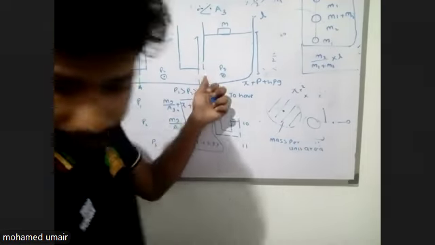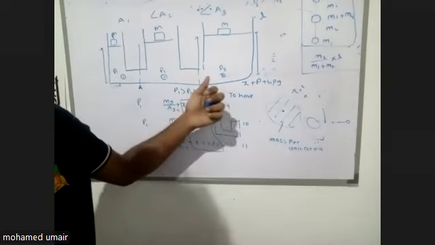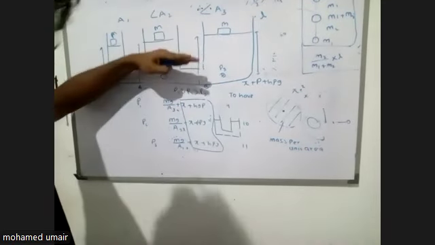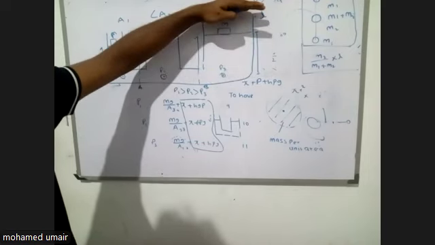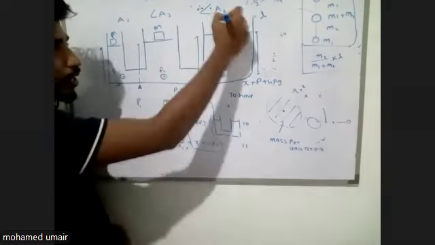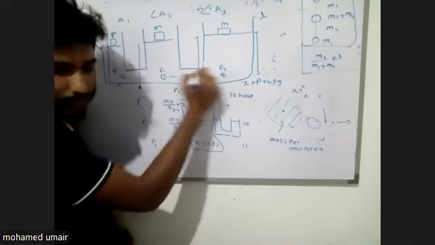Now the third statement. Among the two valves, when any of them is open, Q will move down. Now if I'm opening B, Q will move down and this part R will move up, because from high to low there is a water flow.